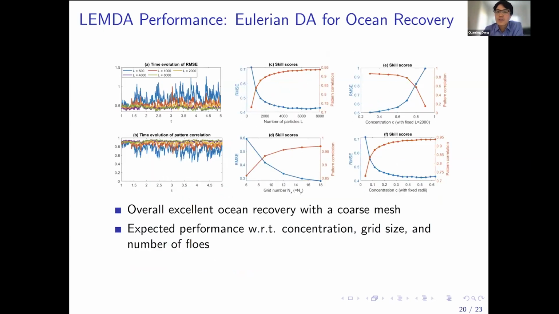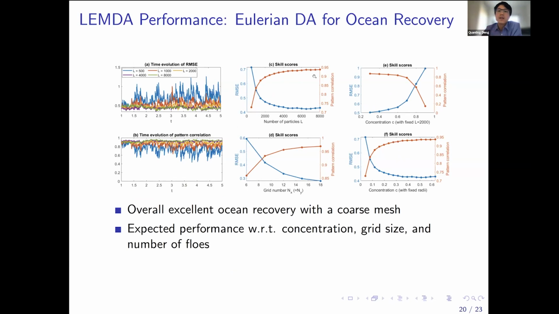Now, this is a case for the Eulerian data assimilation. Now it's on the Eulerian grid and the coarse grid. So we look into also the pattern correlation and root mean square errors. We observe similar behaviors as the number of particles increases. The overall pattern correlation increases, in this case approaching 0.7.